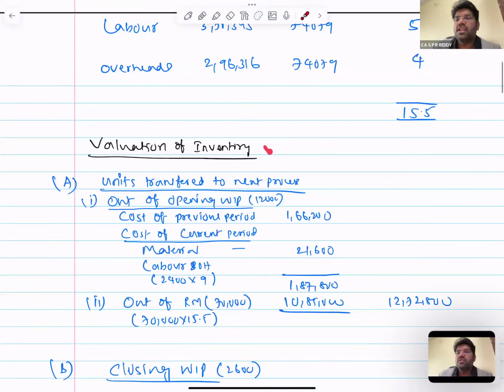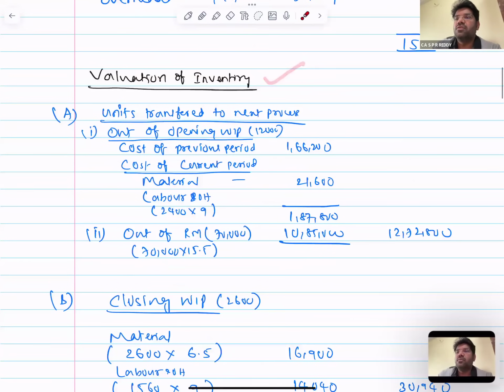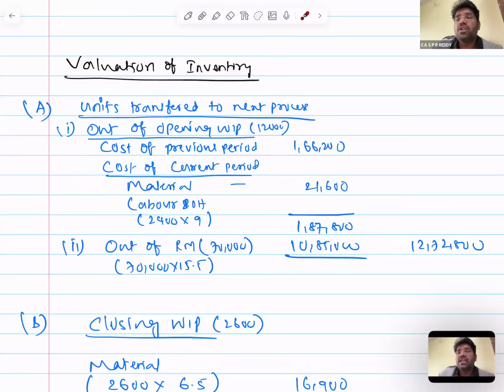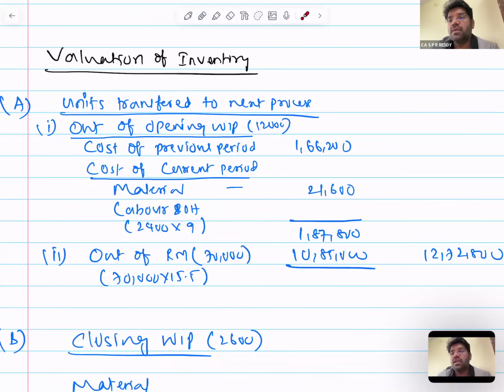Now we should value the inventory here. First, I took how many units are transferred to the next process. Overall 82,000 units were transferred. Out of that, for the opening 12,000 units, first we need to get the total cost: whatever cost was incurred in the previous period, plus whatever work was completed in the current period for opening WIP. Material was nil.